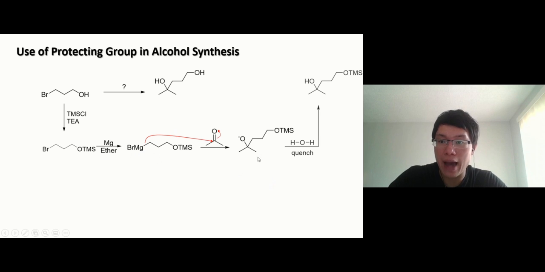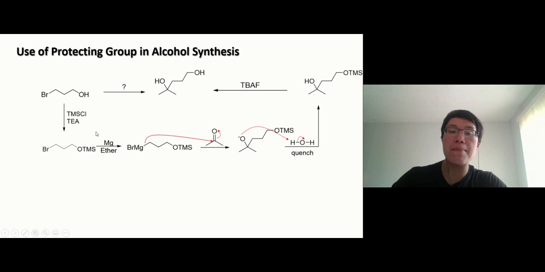Then we work out by adding water, adding acid to protonate that OH group. And finally, we have to deprotect the TMS group using TBAF. Here we go. All right, so three core steps: protection, functional group transformation, and then the final step, deprotection.